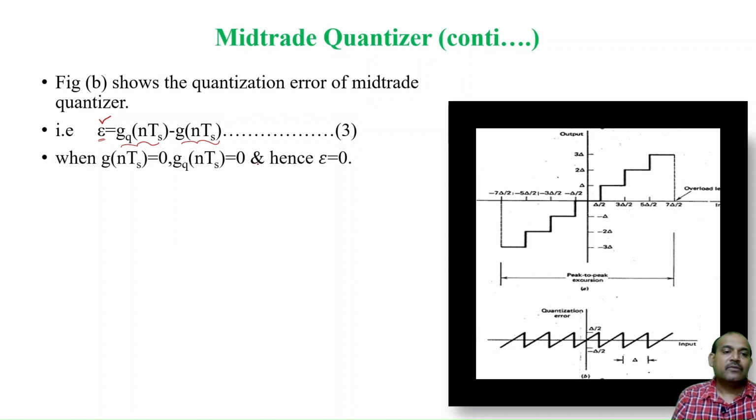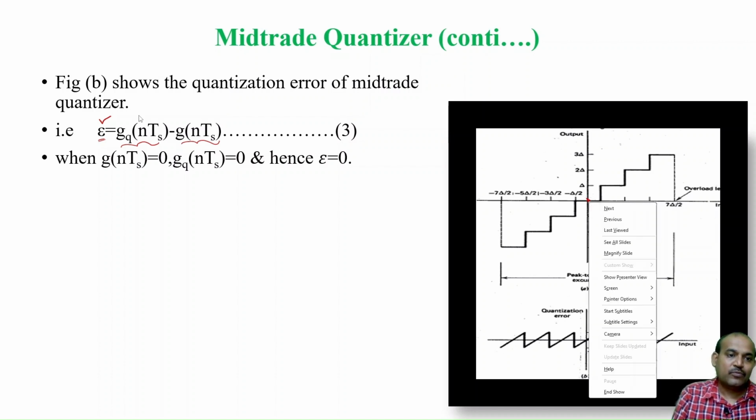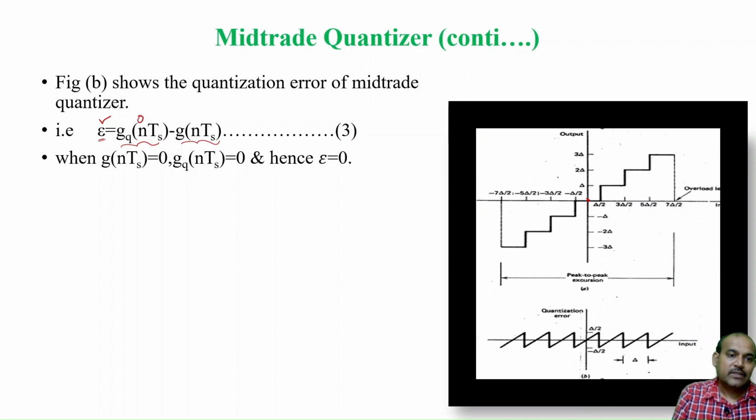So when g of nTs is 0, at the origin, when the input is 0, the output is also 0. 0 minus 0 is 0, so the error is also 0. You can observe that here.